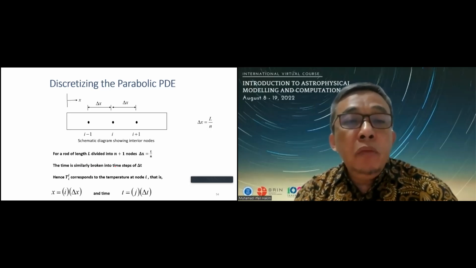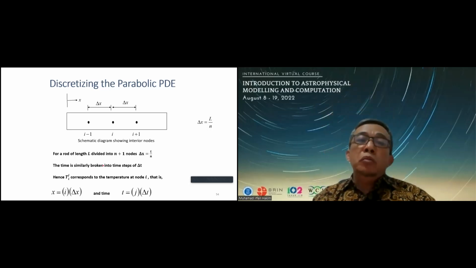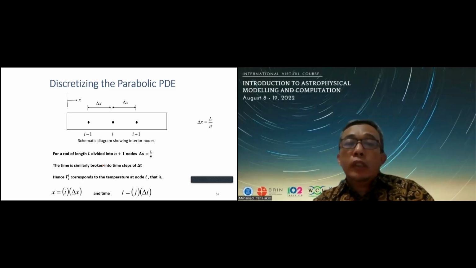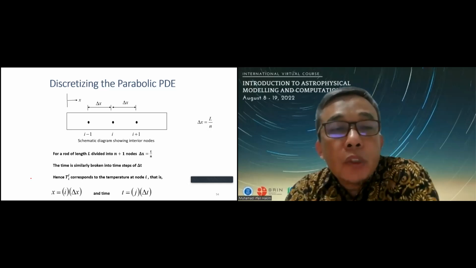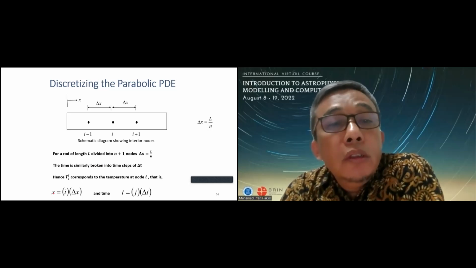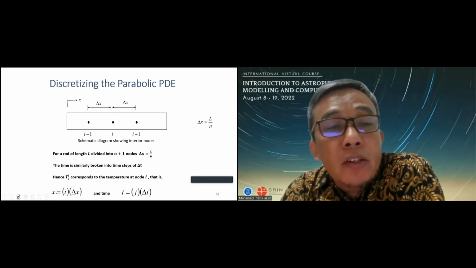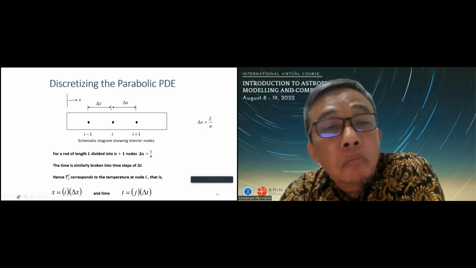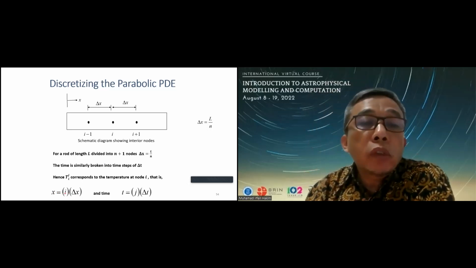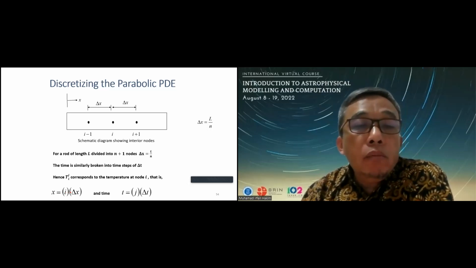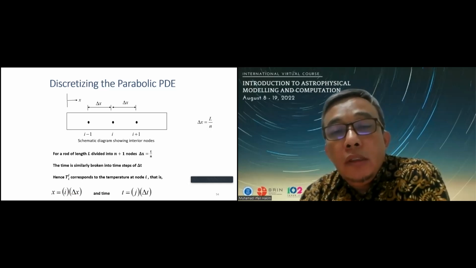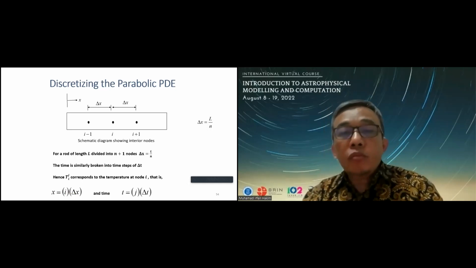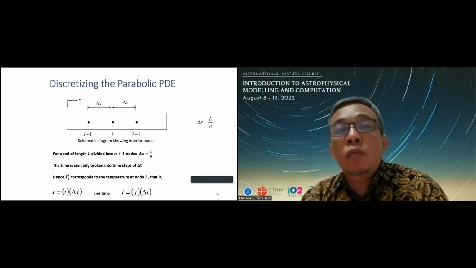And what about time? The time is similarly broken into time steps of size delta t. Now we use this expression to calculate x by i times delta x, and time is t equals j times delta t.